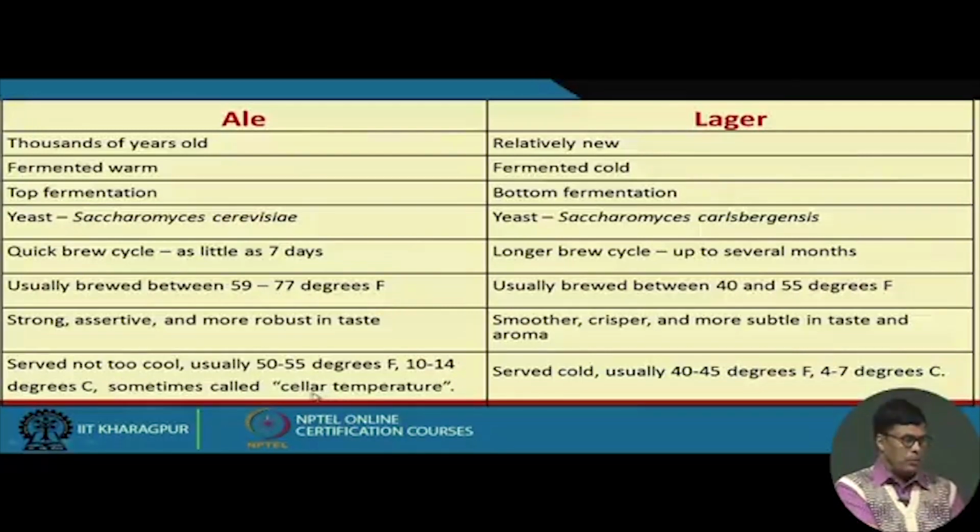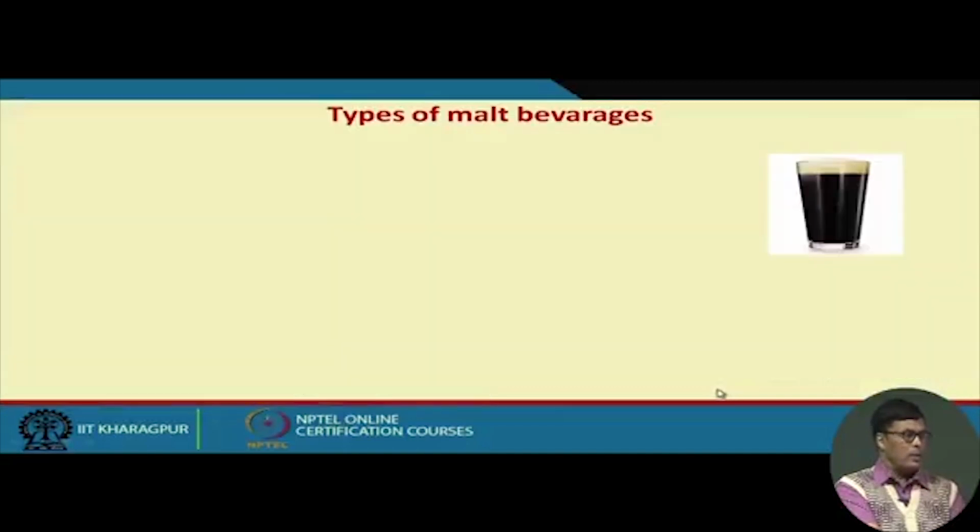I want to tell you, a cellar is nothing but an underground tank that is used for storing alcoholic beverages for their maturation. And lager is served cold, usually 40 to 45 degrees Fahrenheit, which is equivalent to 4 to 7 degrees centigrade.